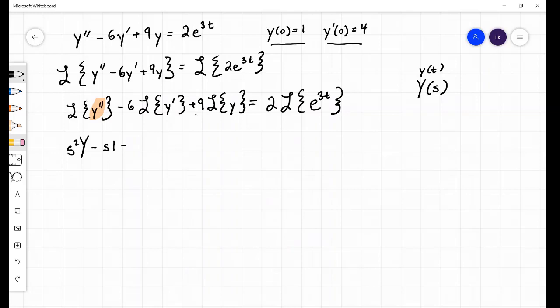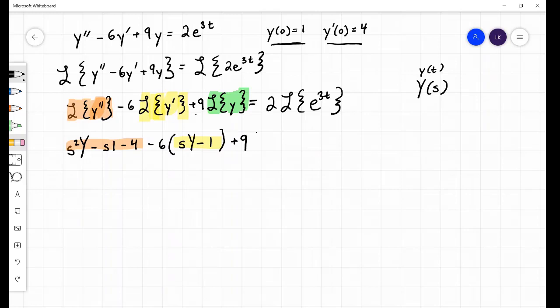And we have minus 6 times the Laplace transform of y prime. And that's s times Y of s minus the initial condition for y at 0. Then we have plus 9 times the Laplace transform of little y, which is big Y. And that's equal, on the right-hand side, to 2 times the Laplace transform of e to the 3t.